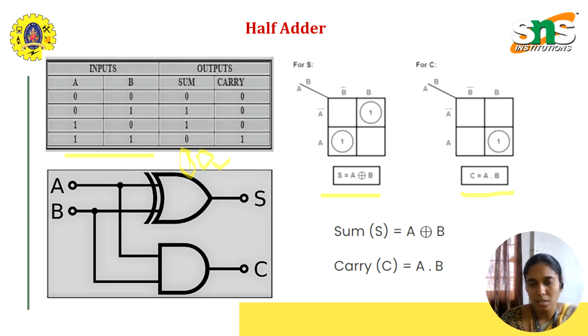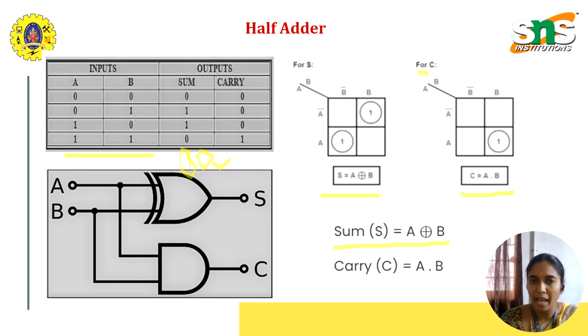This is the representation. There is no possibility of pairing in this function. Here the terms are A B bar and A bar B, which is the function of an XOR gate, A XOR B. So the sum value is A XOR B.